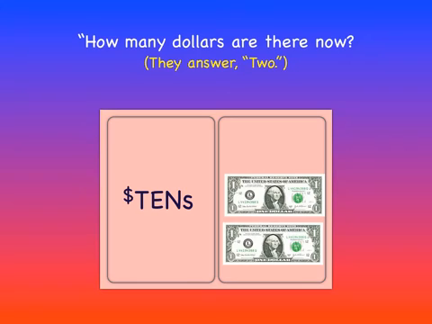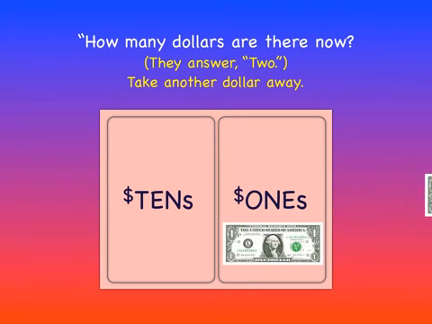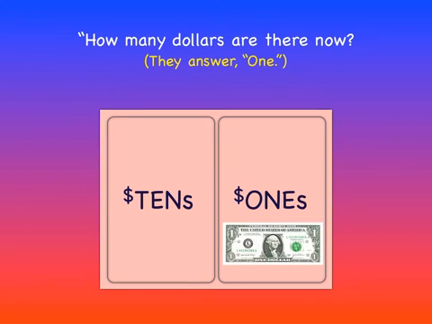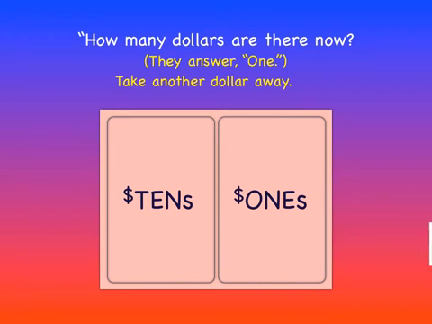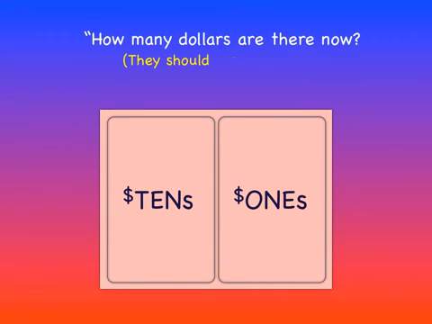The answer, 2. "Take another dollar away. How many dollars are there now?" The answer, 1. "That's right. Now take another dollar away. How many dollars are there now?" Well, they should answer 0.